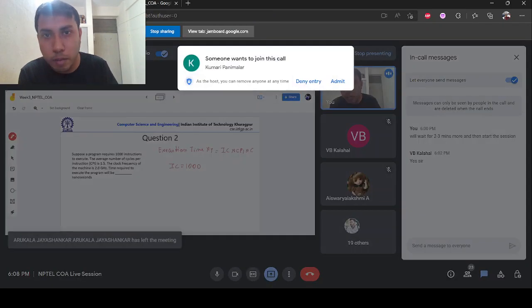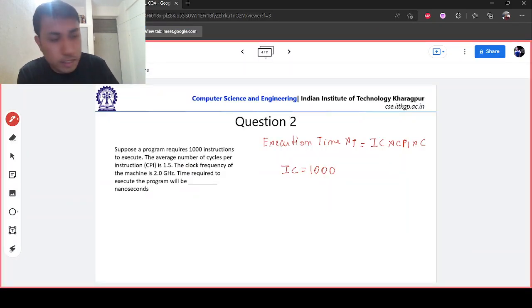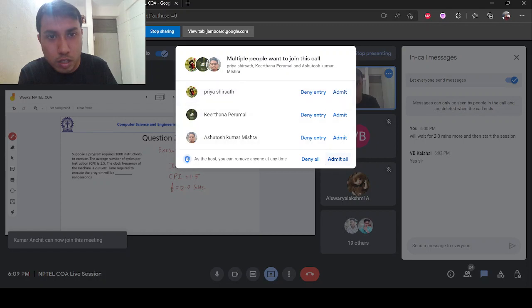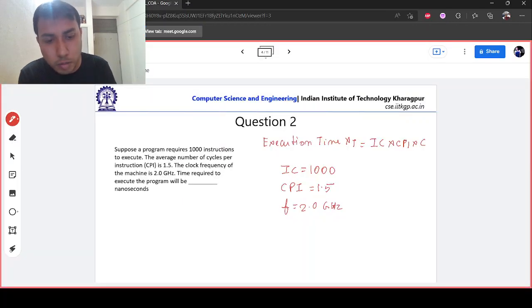CPI is given as 1.5 cycles per instruction, and frequency is 2.0 gigahertz. So what will be the clock cycle? Clock cycle will be 1 by f, which is 1 by 2 into 10 to the power 9.